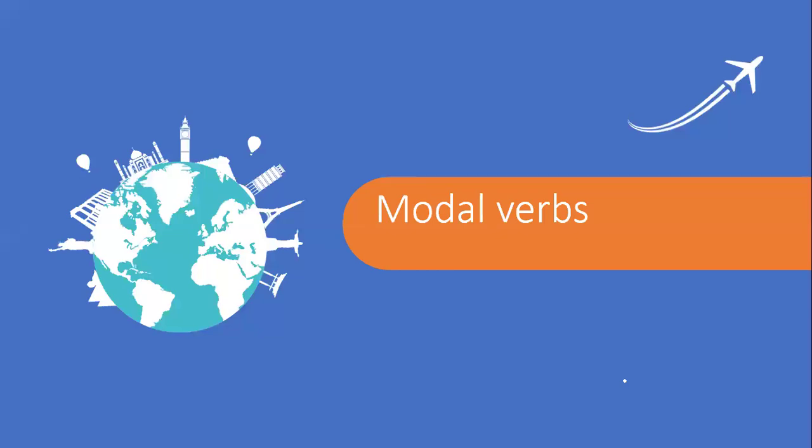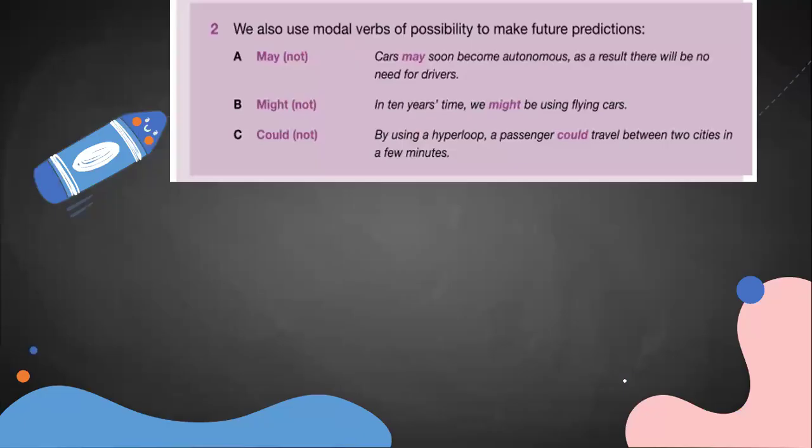Now, what about the modal verbs? The last part in our lesson. We also use modal verbs of possibility to make future predictions. So we have will and going to. Also, we have modal verbs of possibility.